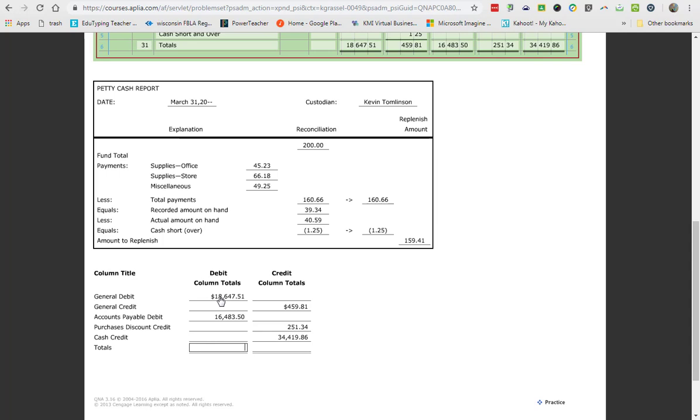Once I've totaled in your journal, then you go on the very bottom and prove your totals. That is section 9.3.